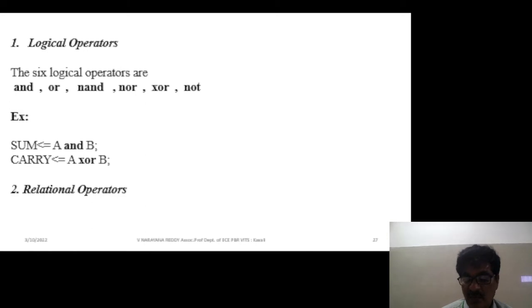How many relational operators are available here? Here also 6 relational operators are available. They are represented through symbols: first one is equal, then not equal, less than, less than or equal, greater than, greater than or equal. So 6 relational operators are used in order to compare the binary numbers.